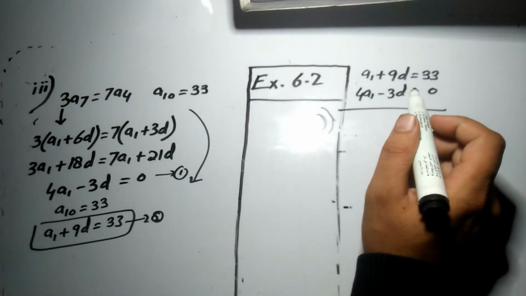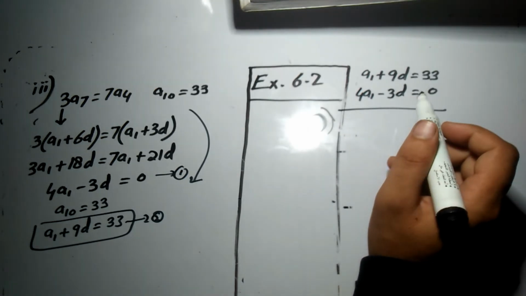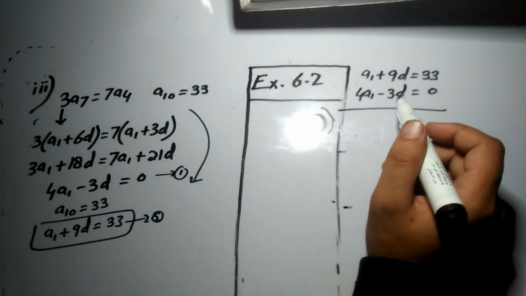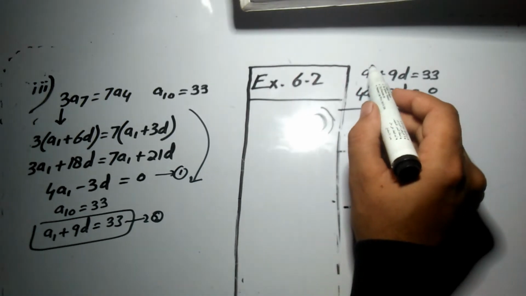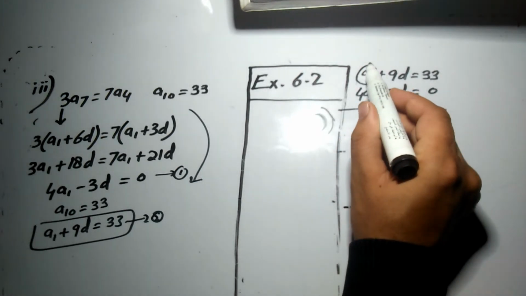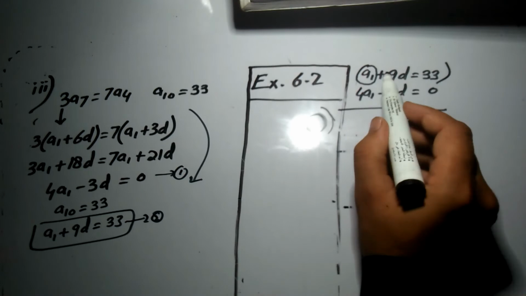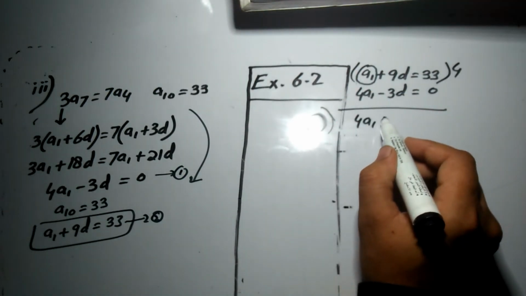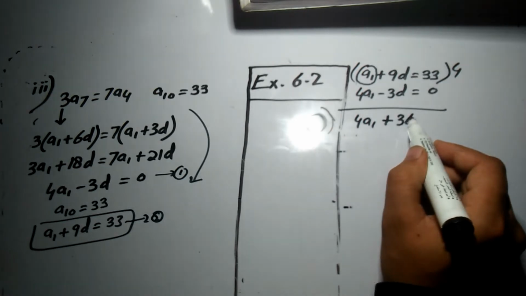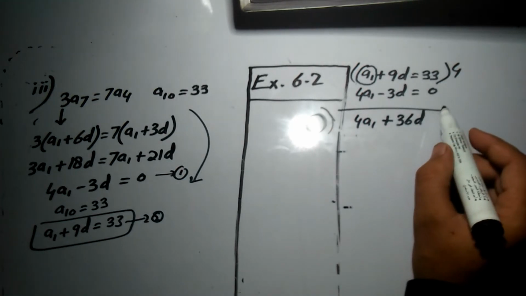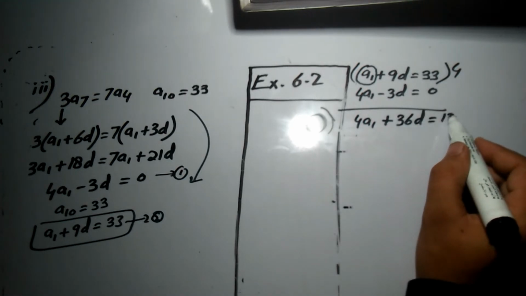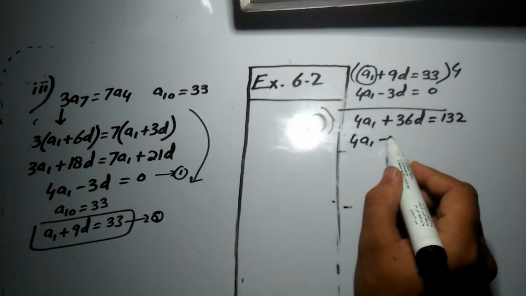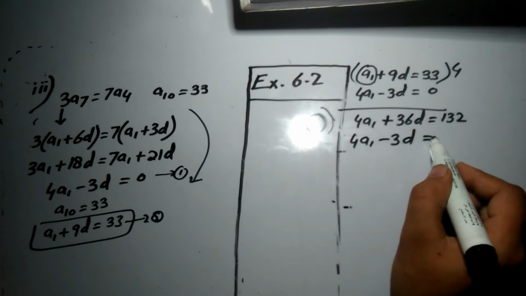So in equation number 2, the coefficient of a1 is equal to 1, so we will multiply this equation by 4, so this will become 4a1 plus 36d is equal to 132, and equation number 1 is 4a1 minus 3d is equal to 0.